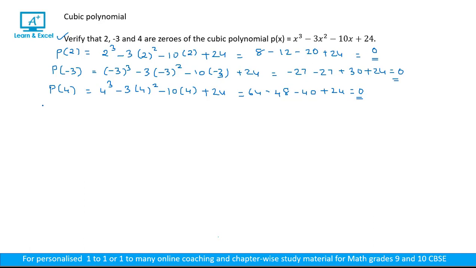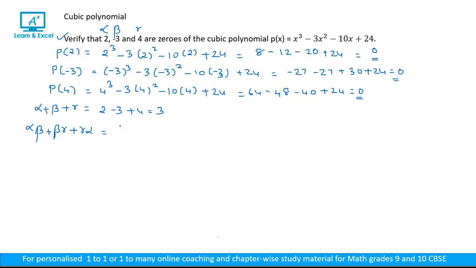Now let us find alpha plus beta plus gamma. So we have, let us take alpha as 2, beta as minus 3 and gamma as 4. So we'll have 2 minus 3 plus 4, which is equal to 3. Let us find alpha beta plus beta gamma plus gamma alpha.